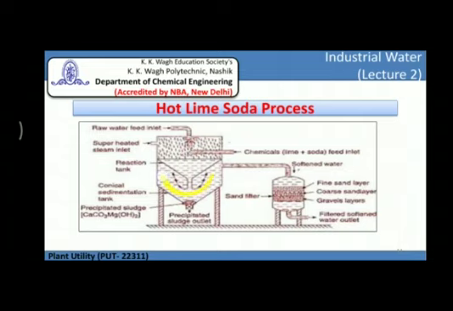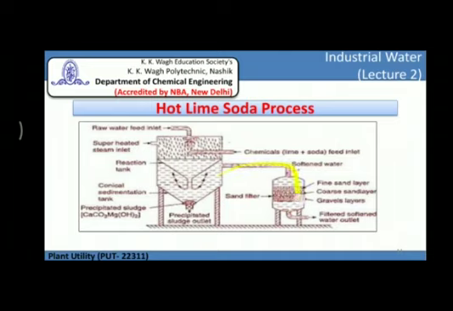this section, and the precipitate which is formed after the reaction settles down here at the bottom of the tank, and the soft water is then sent to this sand filter to remove the other undissolved impurities inside the water.